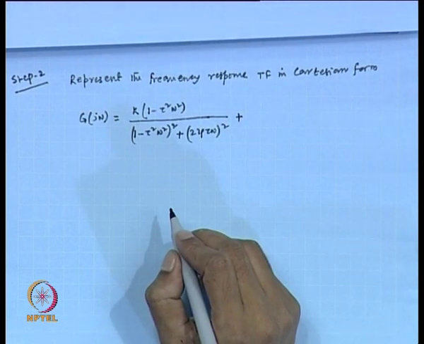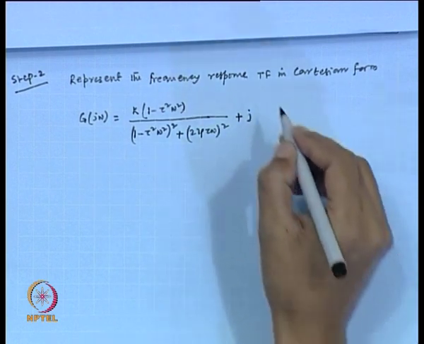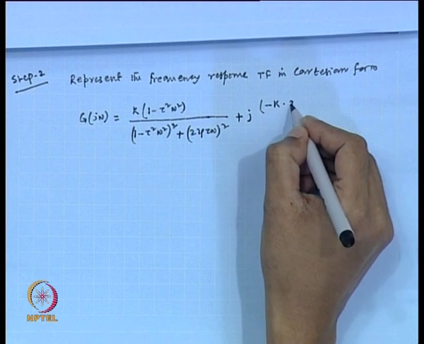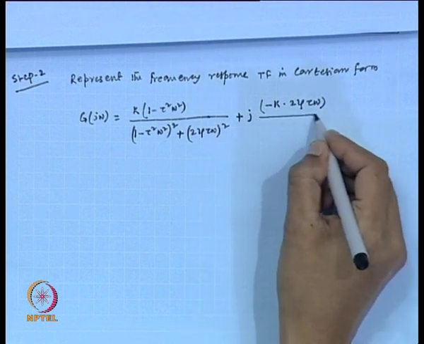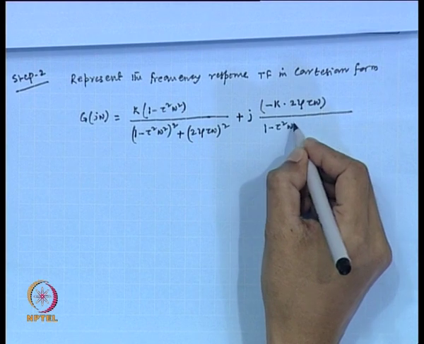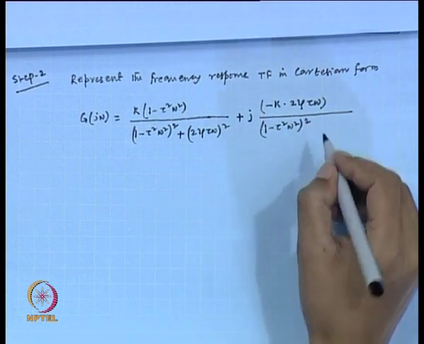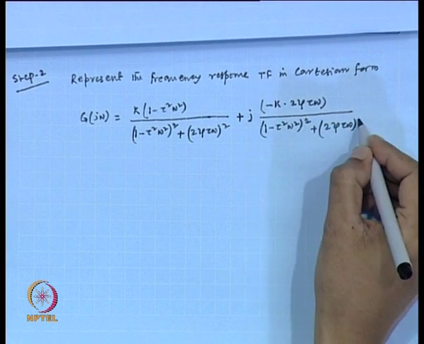This is the real part, and the imaginary part becomes minus k 2 zeta tau omega divided by 1 minus tau square omega square whole square plus 2 zeta tau omega whole square.